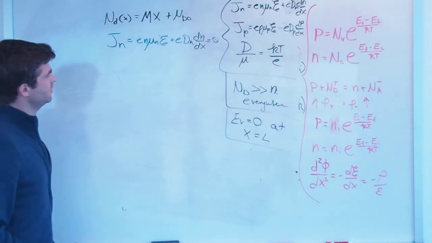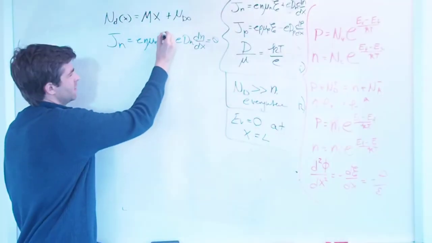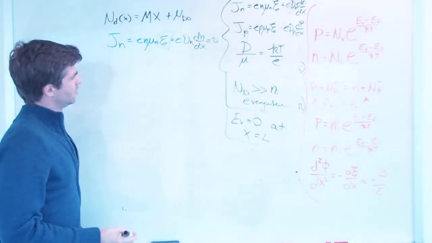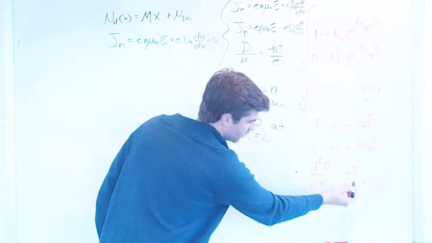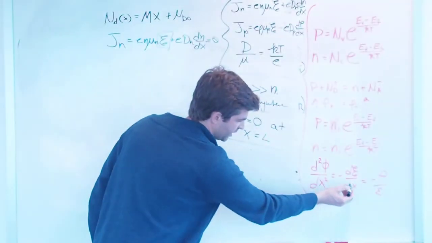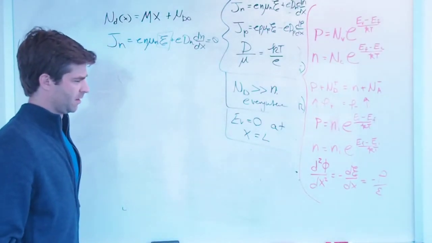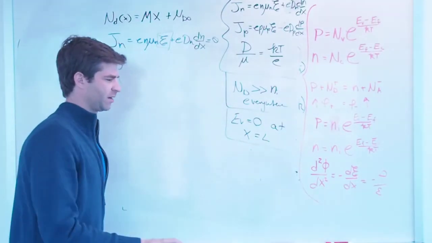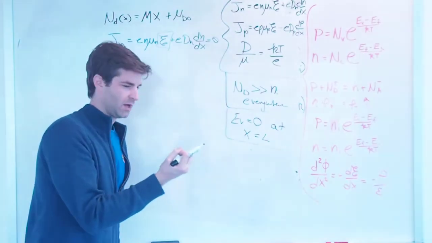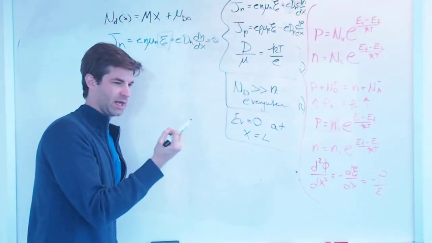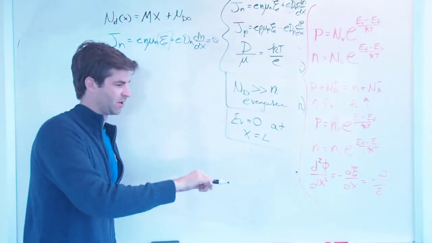Okay, so I'm thinking if we can find E, right, we know that from this term here, d/dx of E equals negative d²phi/dx². Well, in a semiconductor, in solid state physics, when you consider an electron in a crystal, the potential energy of that electron is always the negative of the kinetic energy, right?